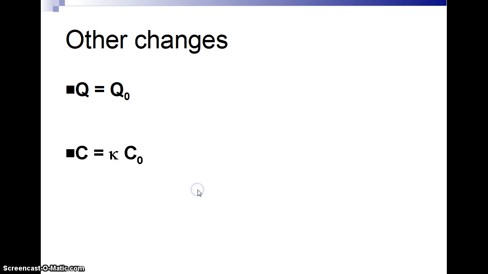All right. We're going to call Q0 the charge, and it'll be the same there unless we're changing things. Then the capacitance goes up by a factor of kappa.